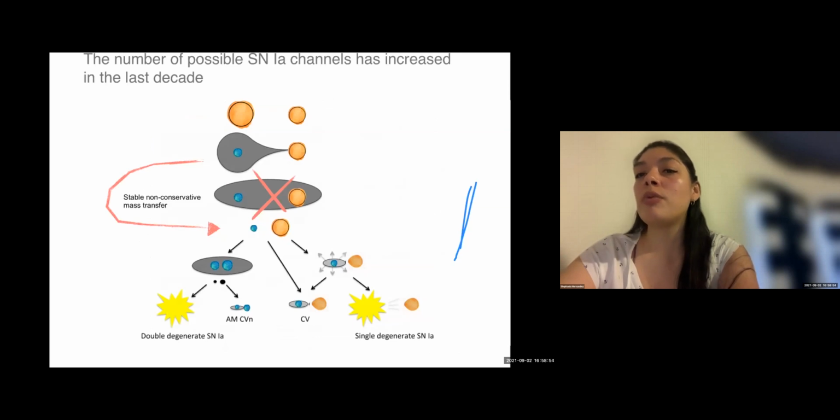And if we confirm this with more observations of long orbital period systems, well, this can be representative or have an impact in the production of supernovae Ia through the double degenerate channel.